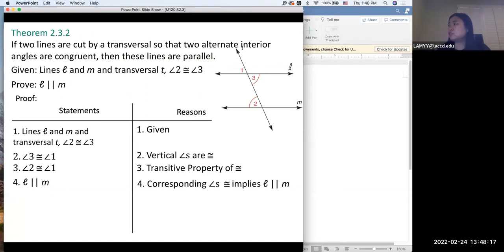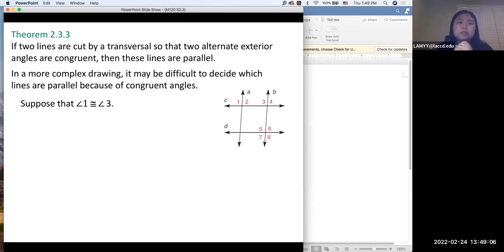Okay, right, guys, session 2.3. Last time we finished page 2, theorem 2.3.2. Okay, we stop here. Okay, right, guys, ready, right? Okay, so next one.